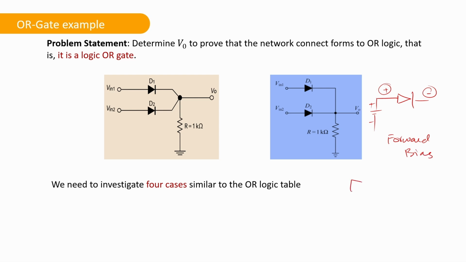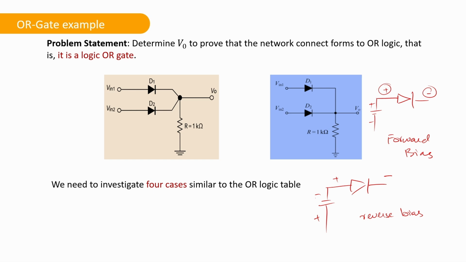And if a diode's positive terminal is connected with the negative terminal of the battery, then this is reverse bias condition. Okay, you must understand these two concepts before trying to solve the problem and try to prove that this circuit belongs to logic OR gate.